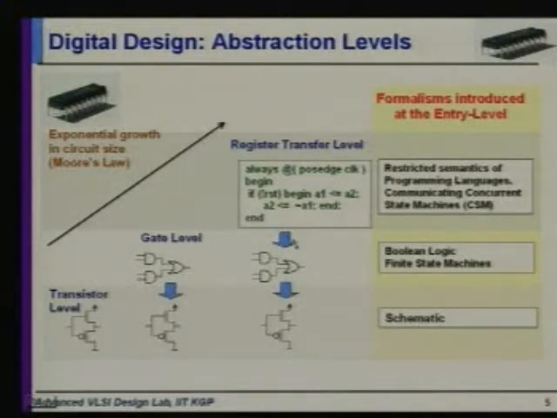But new issues are coming up here. It is not about functional correctness. It is not about whether this is functionally implying this and this is functionally implying this. It is about the other issues like timing, like power. Those things are not yet at a good enough level to be automatically synthesized down the same design flow, and these are the areas where new CAD problems are coming up.